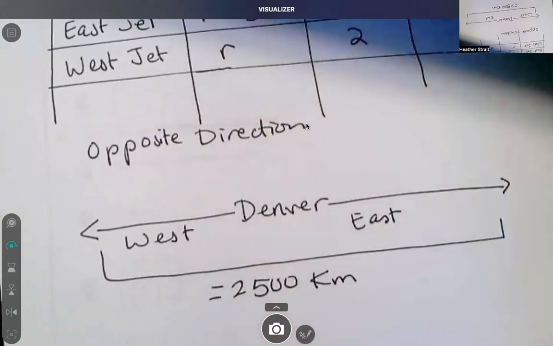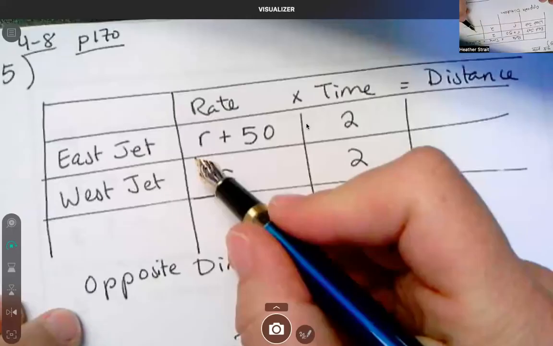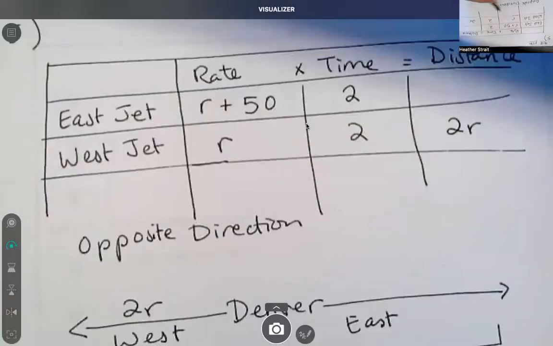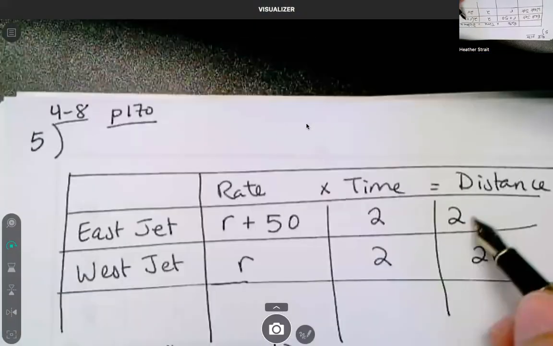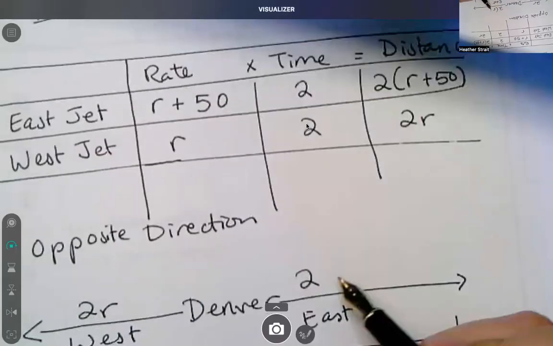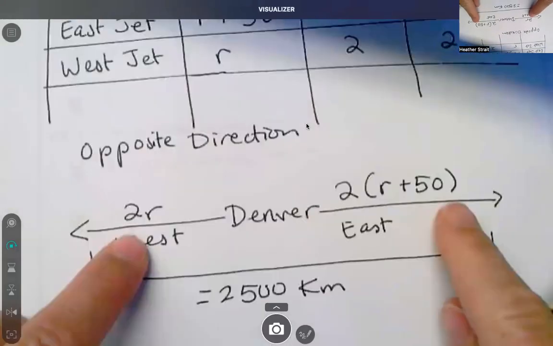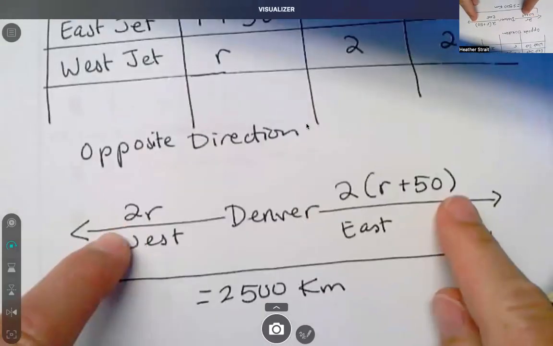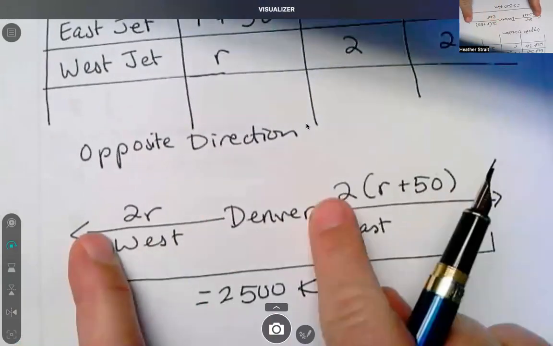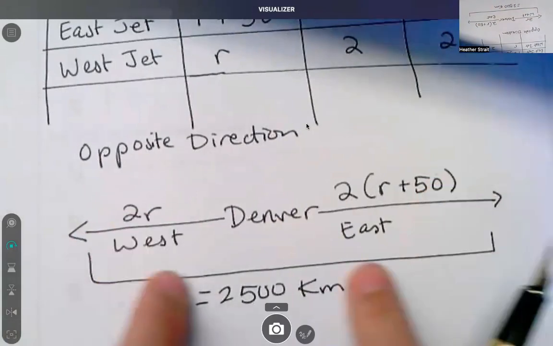Okay. And then I can say the westbound jet is 2R. And then the eastbound jet is 2 times R plus 50. So the sketch makes it obvious that the westbound distance that he flew and the eastbound jet's distance flown added up, it's going to equal 2,500.